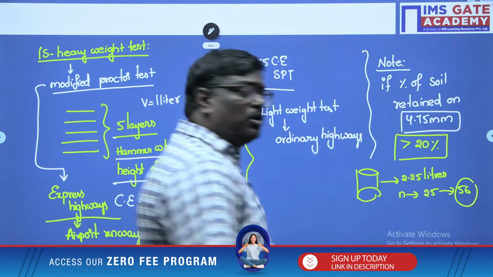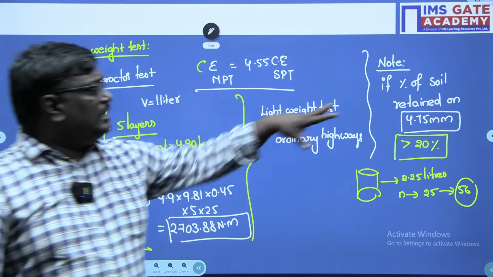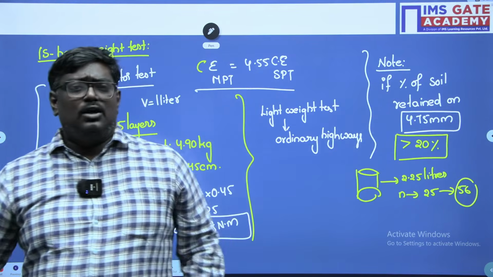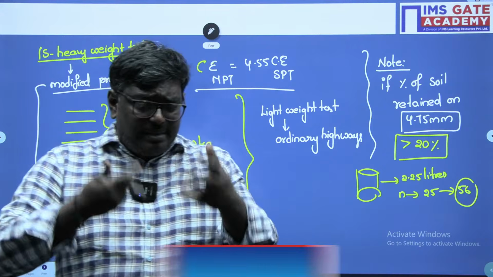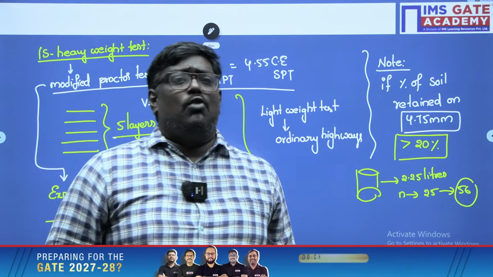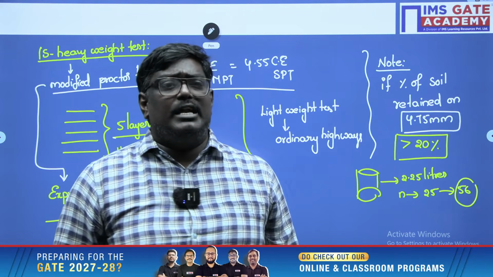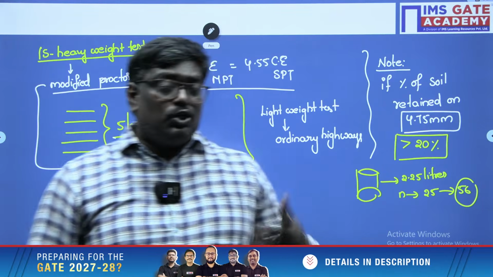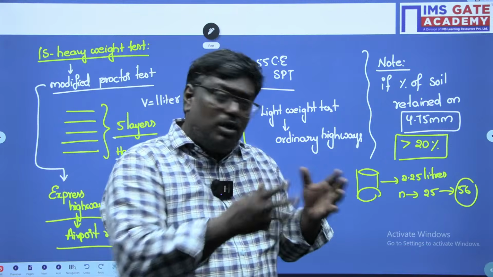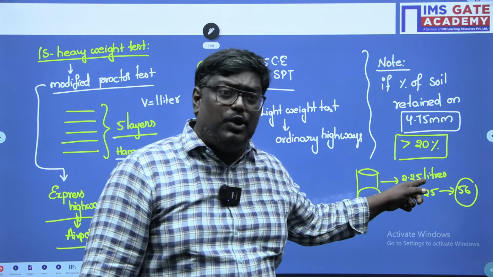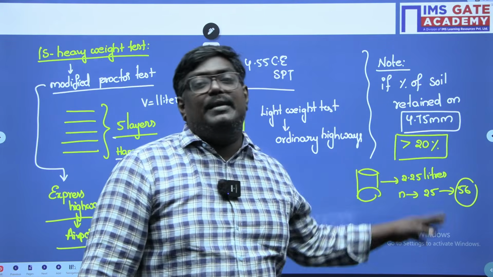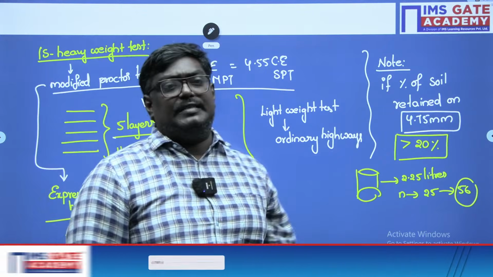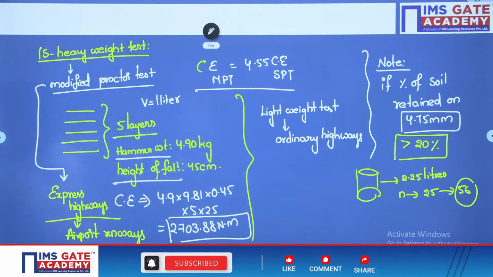Usually, when you are thinking in a practical way, this is very important. When the percentage of soil retained on 4.75 mm is more than 20%, it means the size of the soil particle is increasing. So when the size increases, the volume also increases from 1 liter to 2.25 liters and the number of blows is increased from 25 to 56. I hope you are understanding, my dear students.